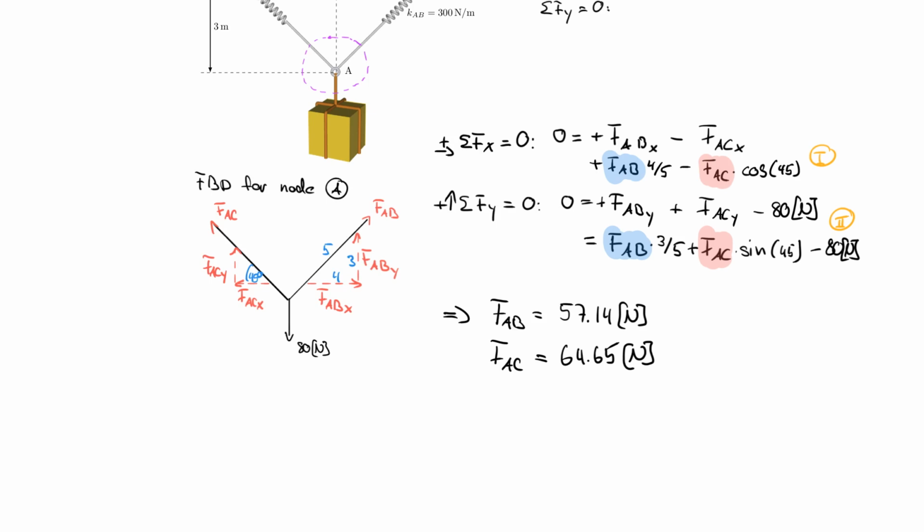So remember once again that S is equal to F over K. And so if I do the stretch in spring AB, then I would take the force FAB, so that was 57.14 Newton, divided by 300 Newton per meter.